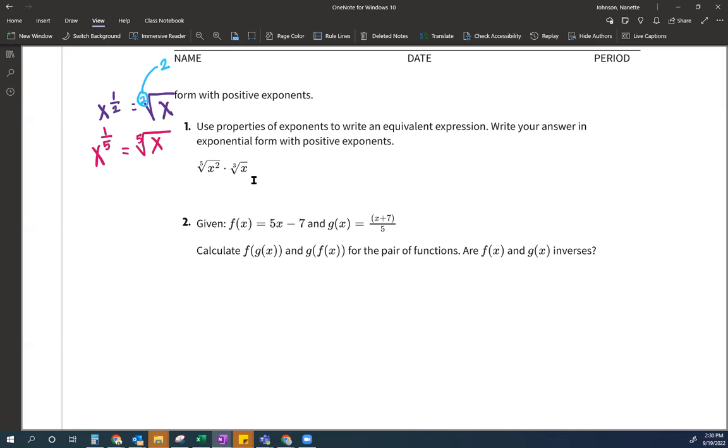So if I rewrite all of these in terms of exponents and not roots, then I can play with them a little bit more. The first thing I'm going to do is rewrite x squared to the 1/5, and then times x to the 1/3.